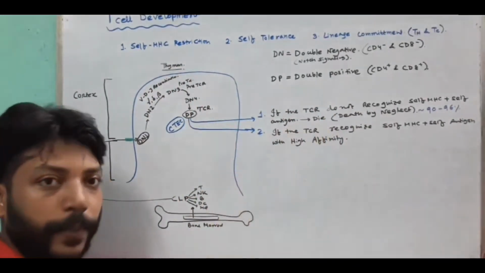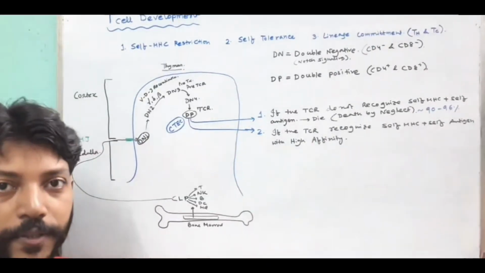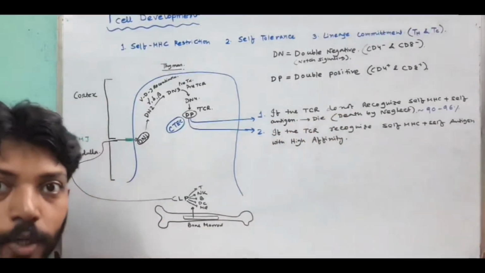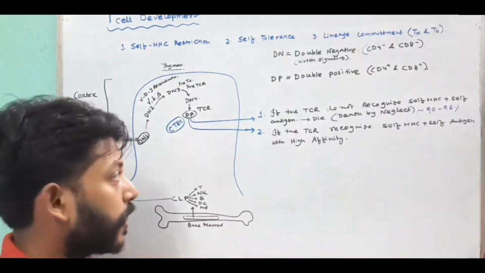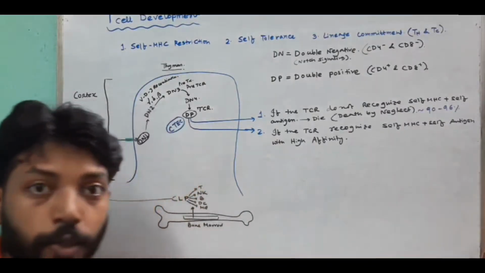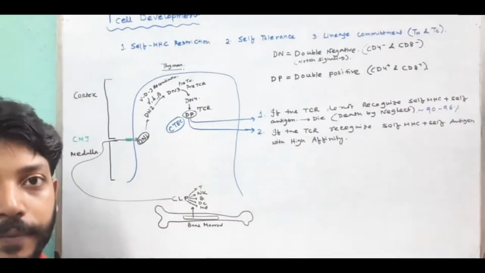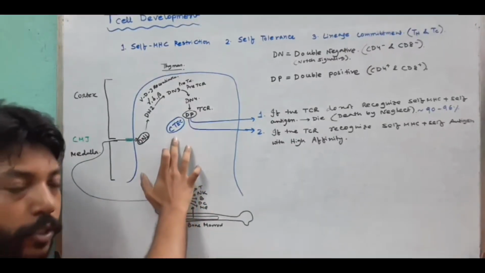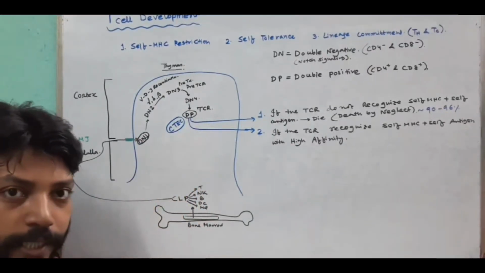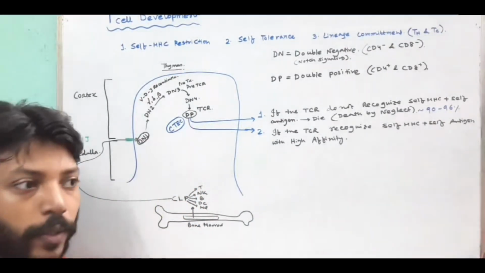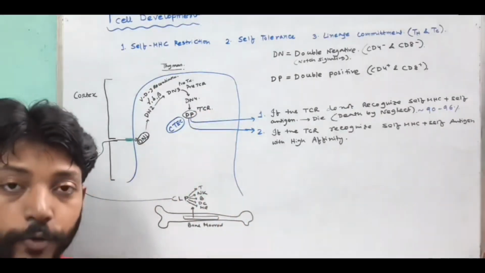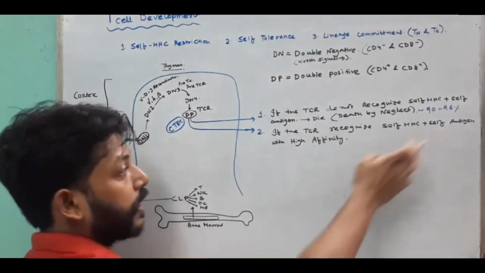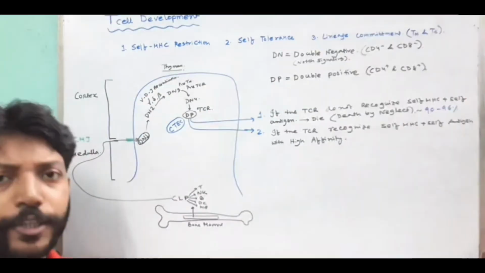The first consequence was self-MHC restriction. Those cells are not self-MHC restricted, they do not recognize the self-MHC, so they die. The second consequence is that the T cell receptor can recognize the self-MHC, but the self-MHC self-antigen complex with high affinity. These cTEC cells, cortical thymic epithelial cells, present class 1 and class 2 MHC molecules and the self-antigen, and those double positive cells recognize this self-MHC and self-antigen complex with high affinity.